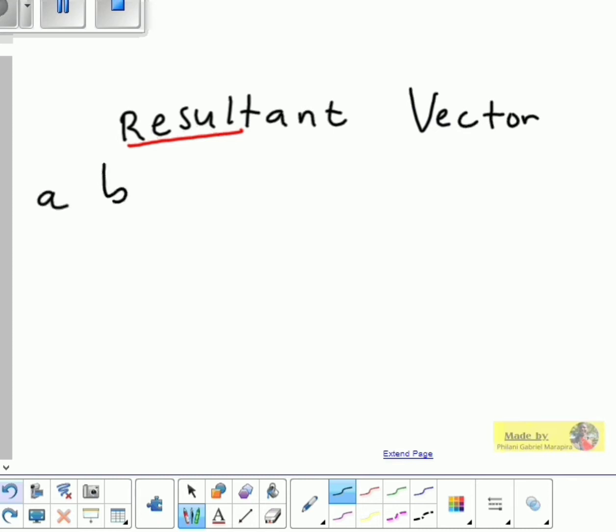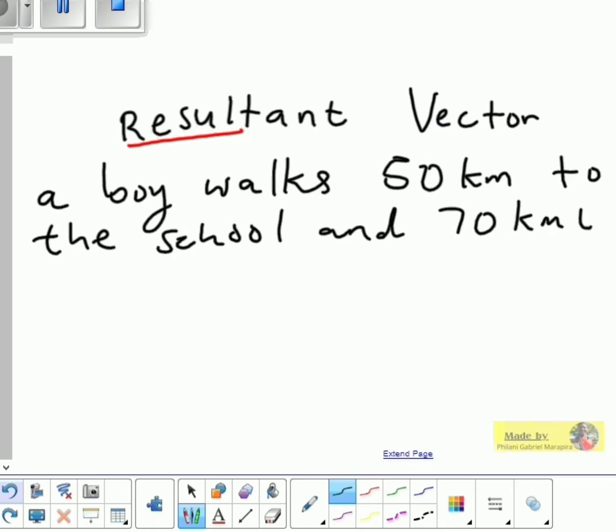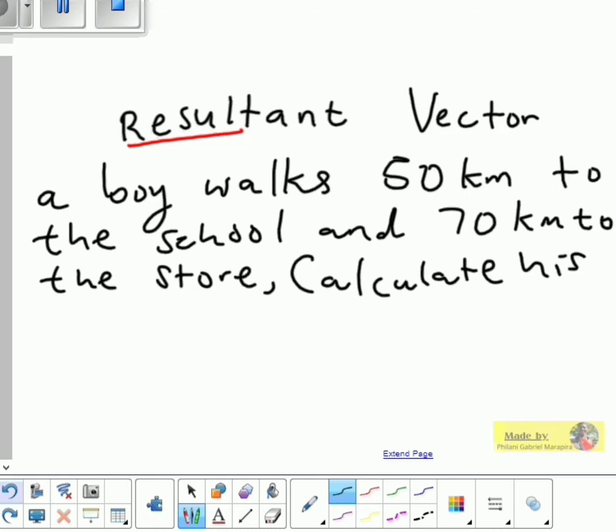So in this way, supposedly you are given a question. They say a boy walks 50 kilometers to the school, and 70 kilometers to the store, and then calculate his resultant.